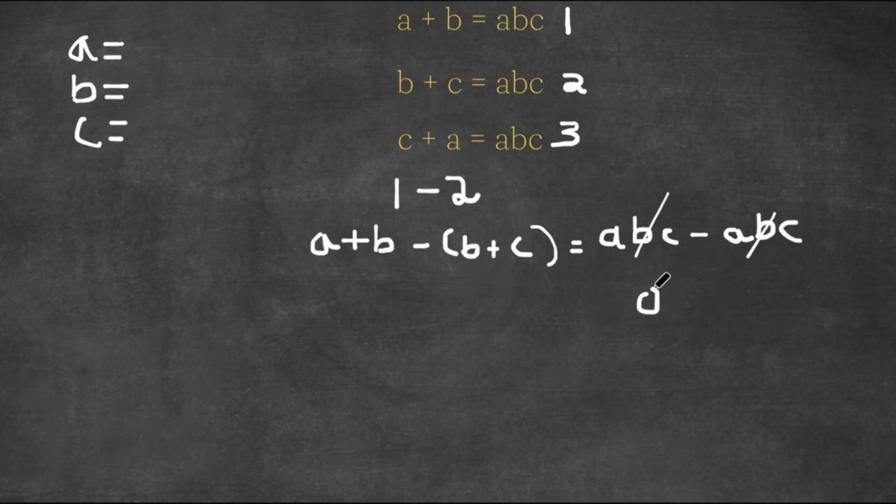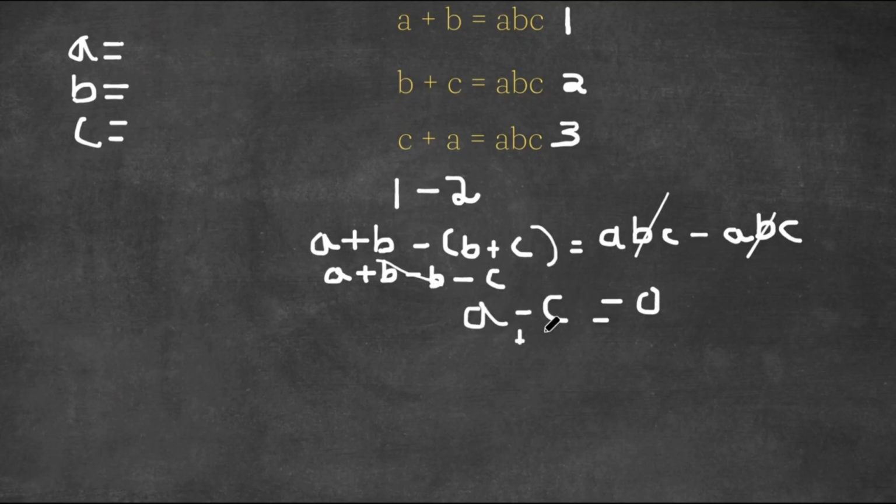So this is 0, and this is equal to a plus b minus b minus c. These two cancel out, so this would be a minus c. So we know that a minus c equals 0. If we add c on both sides, we get a equals c. So we know a equals c.